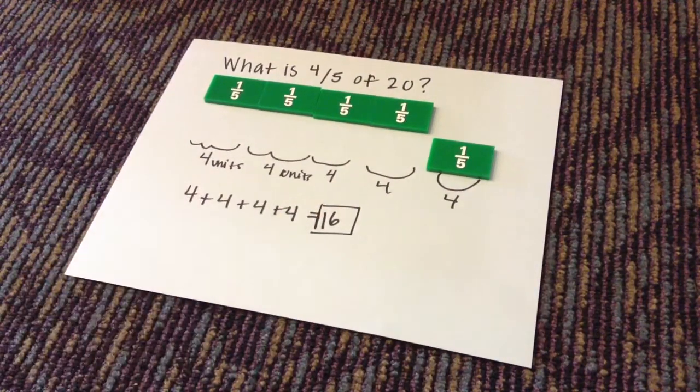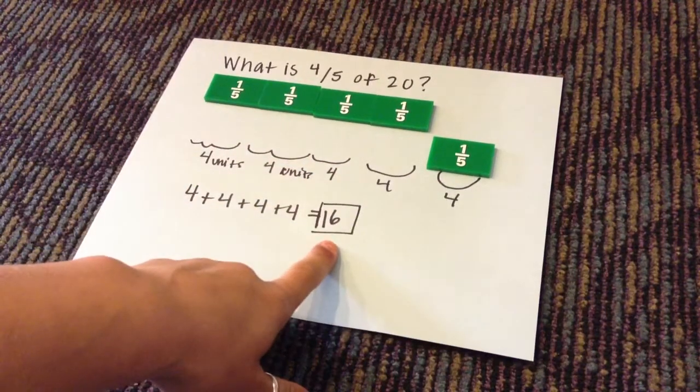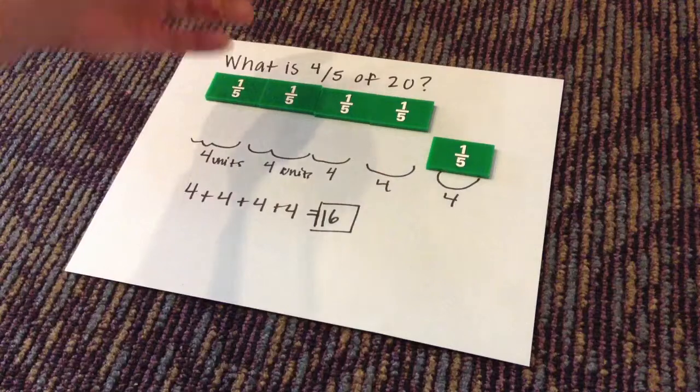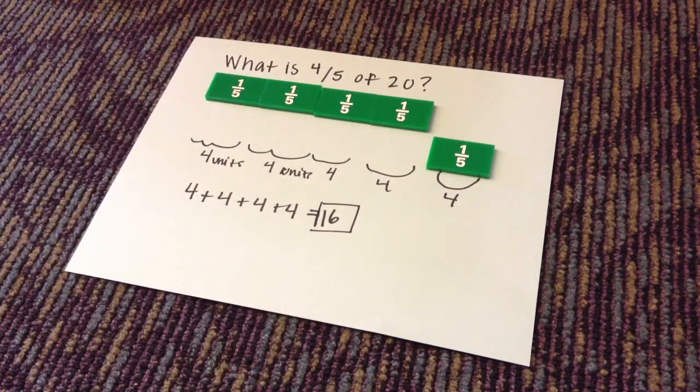Now remember for fractions that it's always important to focus on the whole and to always say that there are equal parts. If the parts aren't equal, you're not going to find a sufficient answer. These problems, you could have done for a 4th grade level class. You could do any number, you just have to make sure that the number you're asking about, 4/5 of 20, can be divided into 5 equal parts.